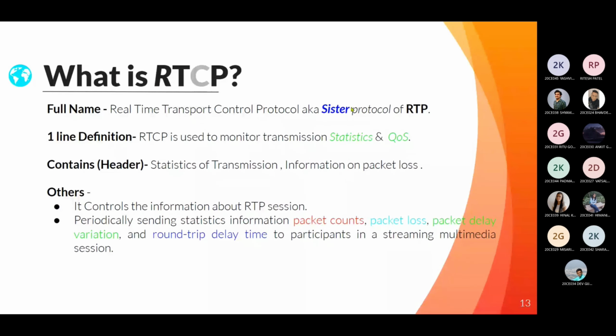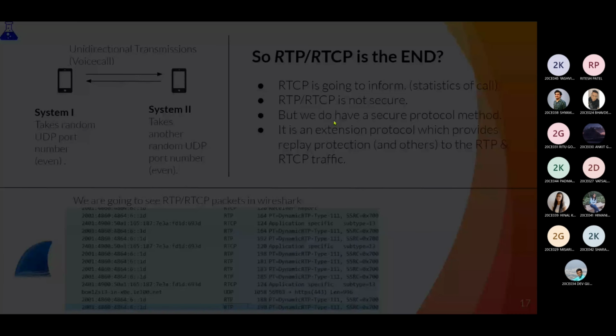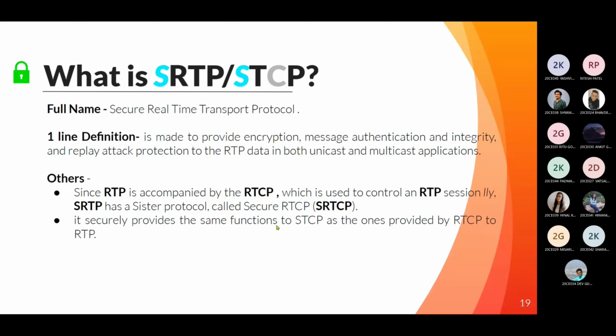RTP works, but RTCP is going to inform along with the communication that a packet is lost and we need to retransmit the packet. That's why the name sister protocol is given, because it works along with it.